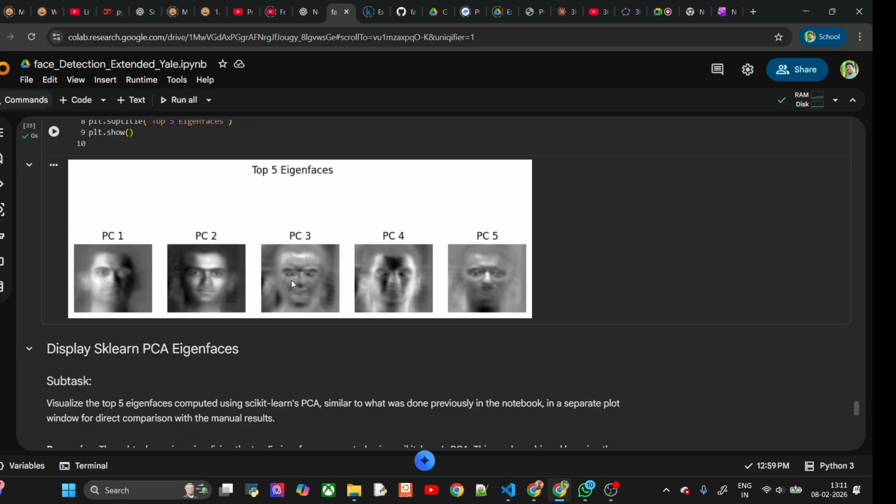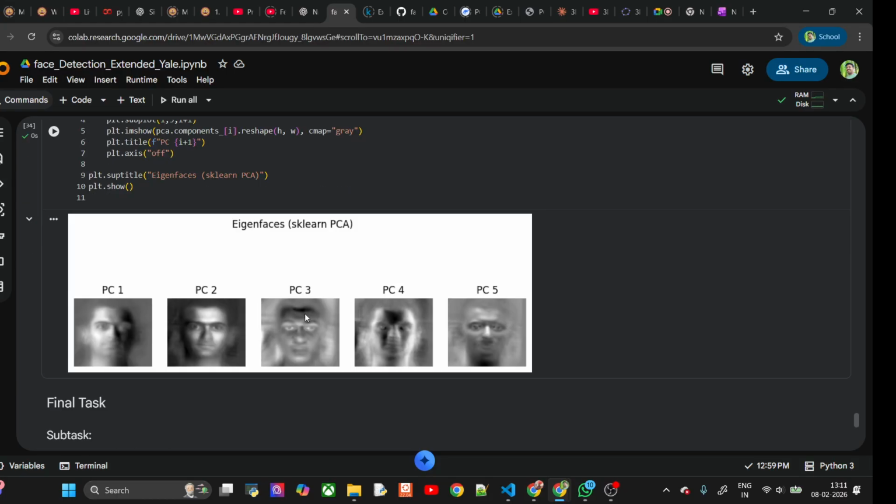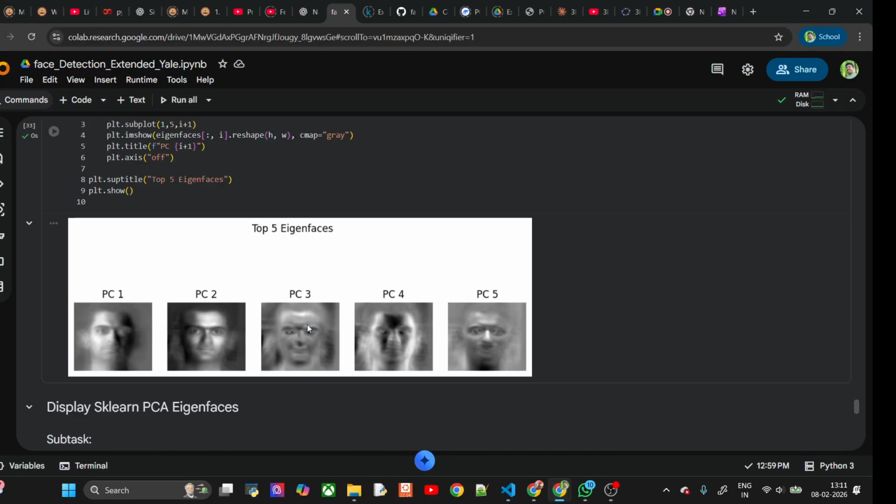The direction of variance is a little different with the manual calculation. Inside sklearn they also have PCA, but their calculation of getting the principal component variance is a little different. The person with PC3 looks like this with scikit-learn, and with our manual version he looks like this.